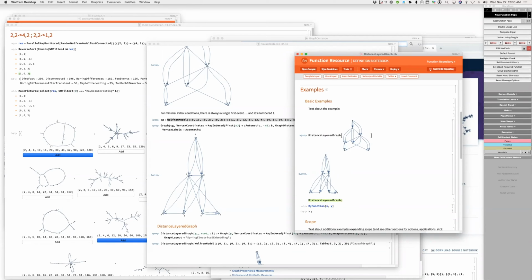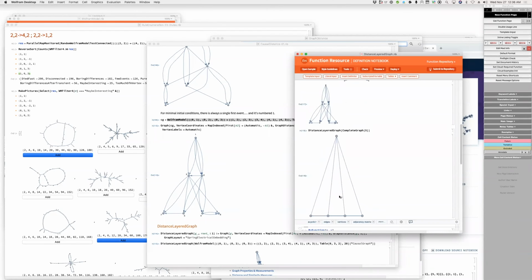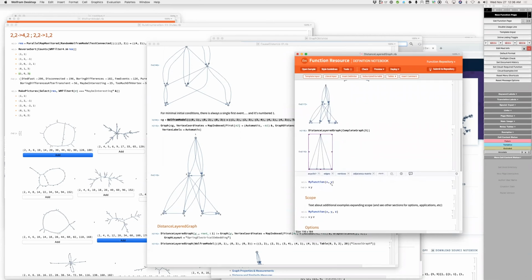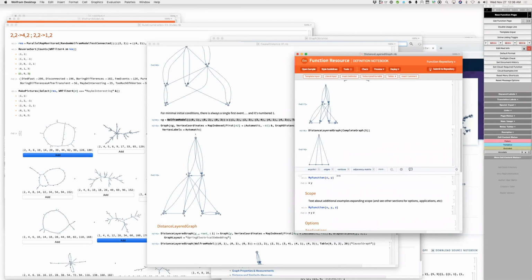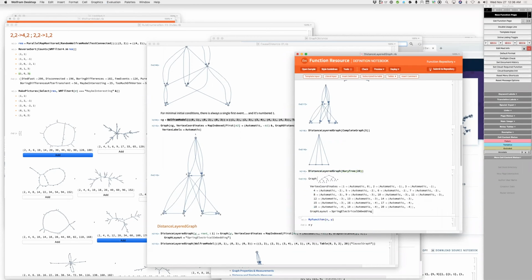So if we were to put here a complete graph, right, and if we were to put here, for example, a k-ary tree, why didn't that work? Maybe because k-ary tree is not a graph.